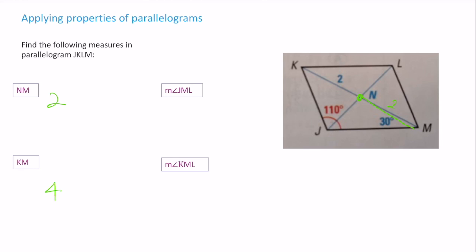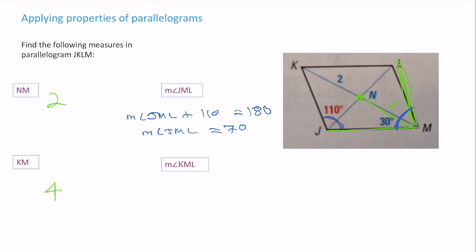And then the measure of JML. So we're looking at this whole angle right here. Well, I know that this angle plus this angle has to add up to 180 degrees. So I know that JML plus 110 has to equal 180. And so if I just subtract the 110, I know that the measure of JML has to equal 70 degrees.